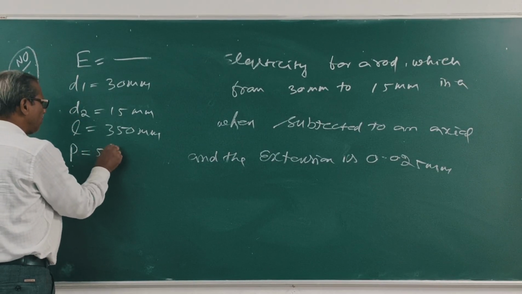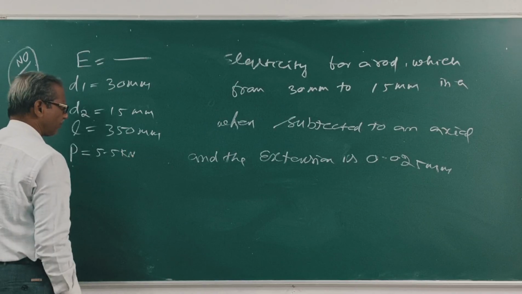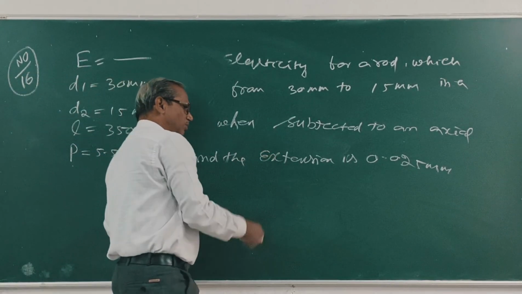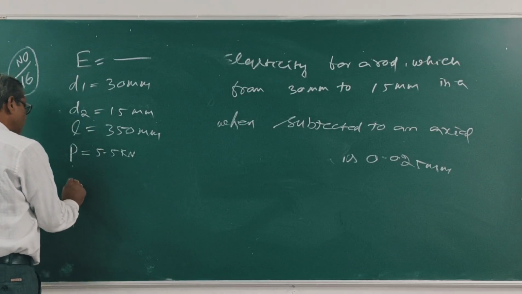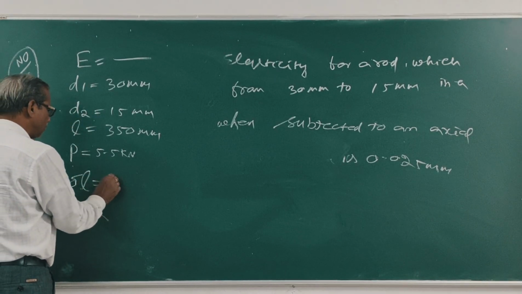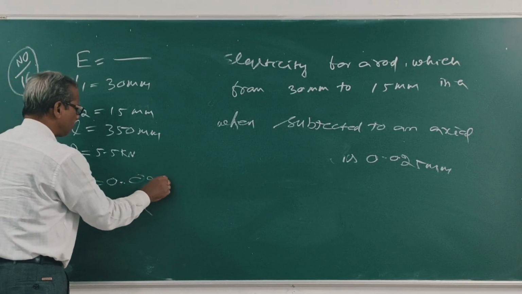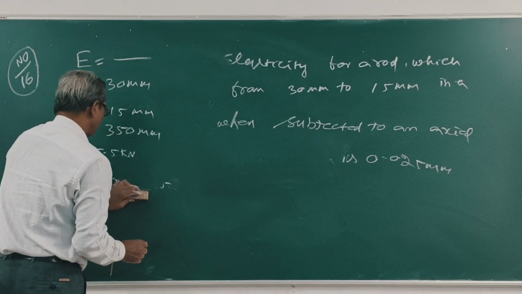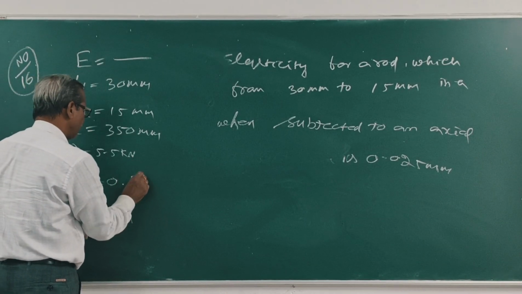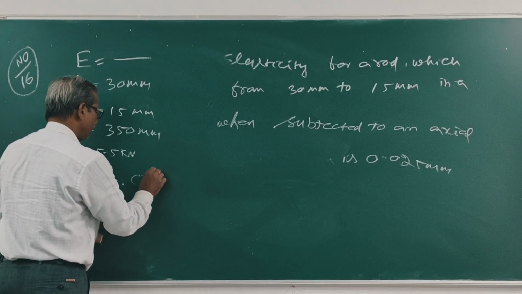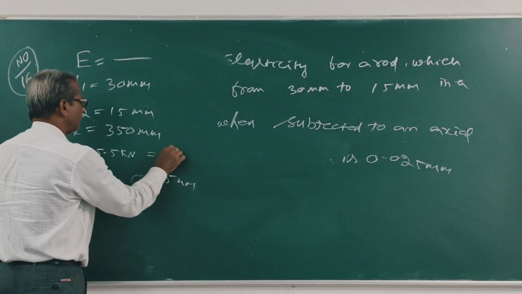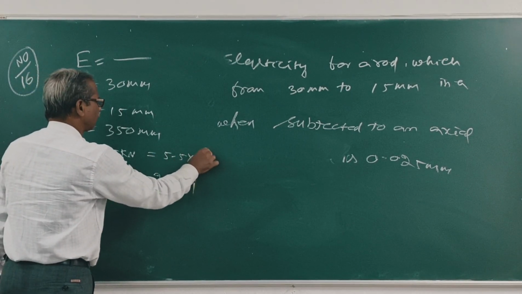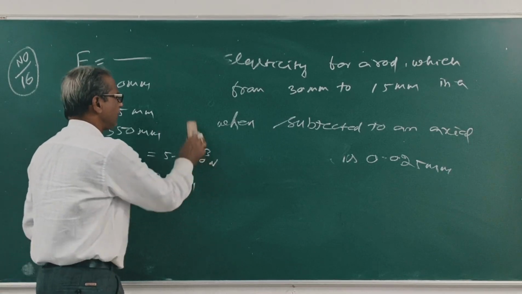P is equal to 5.5 kilonewton and the extension delta L is equal to 0.025 mm. This is 5.5 times 10 to 3 Newton. Right?